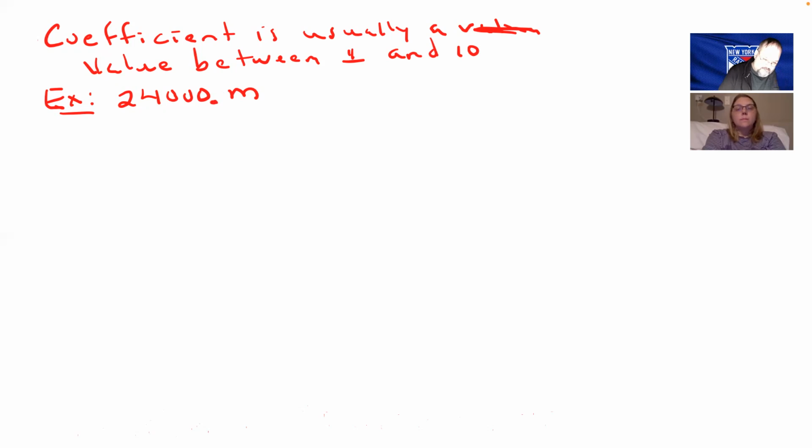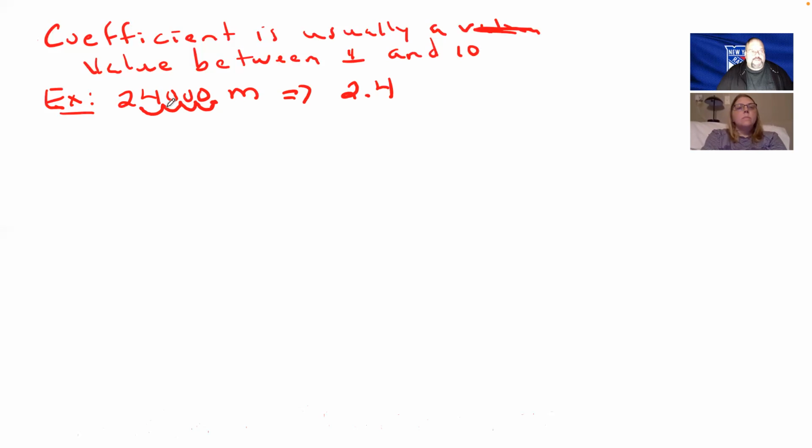Now, in this case, what I'd want to do is move the decimal point to the left 4 times. Because when I move the decimal point to the left 4 times, I now have a value between 1 and 10. And that value is 2.4. Because if I moved it once, that takes me from 24,000 to 2,400.